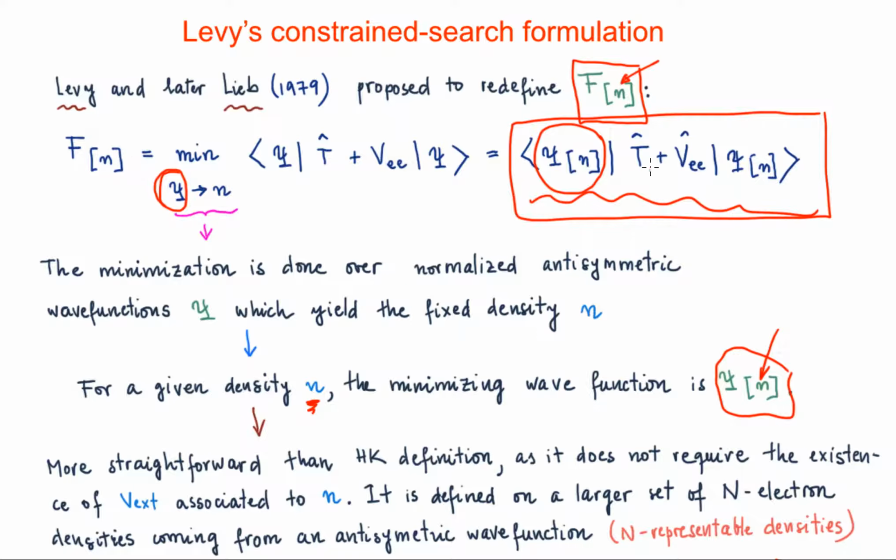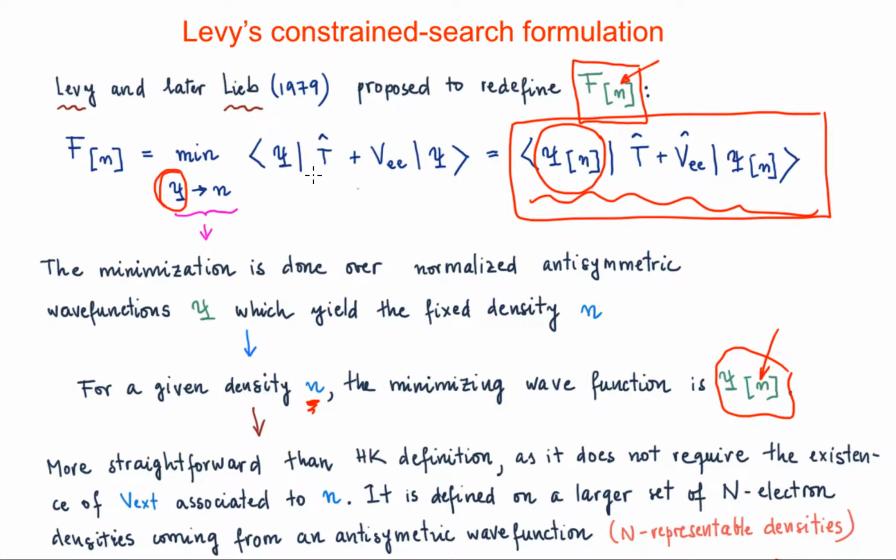This way of defining the universal functional of the electronic contribution in terms of the electronic density is more straightforward than the Hohenberg-Kohn definition, as it does not require the existence of the external potential associated to the electronic density. Here we are not mentioning anything on the external potential. Of course, we need that in order to minimize the whole Hamiltonian, but that's going to be later.